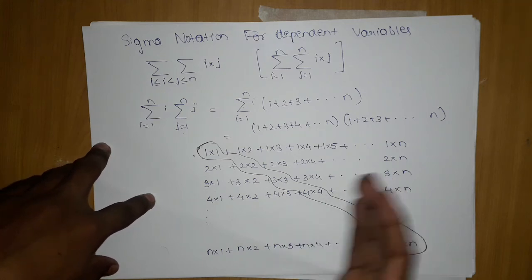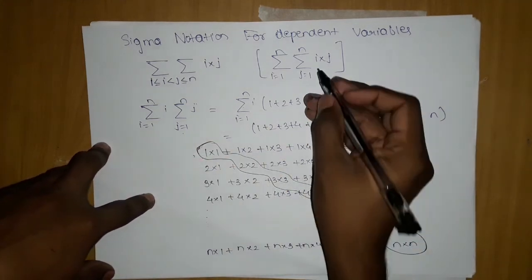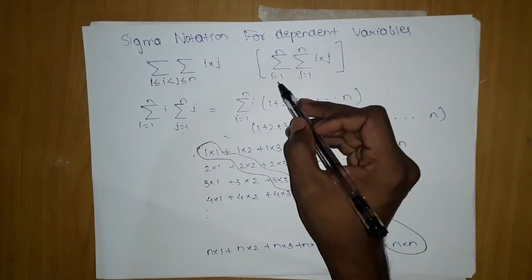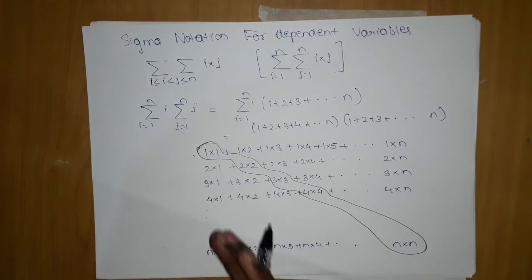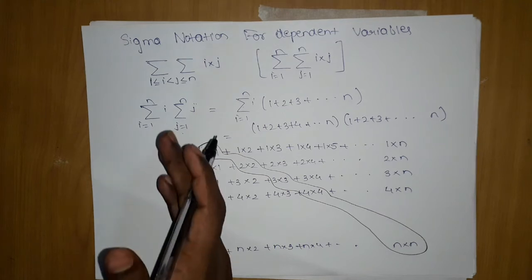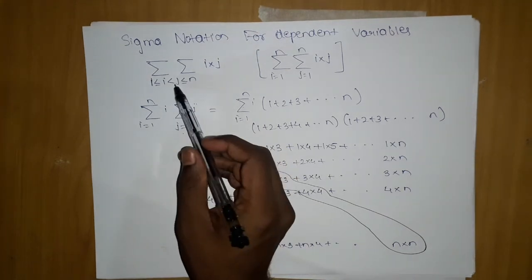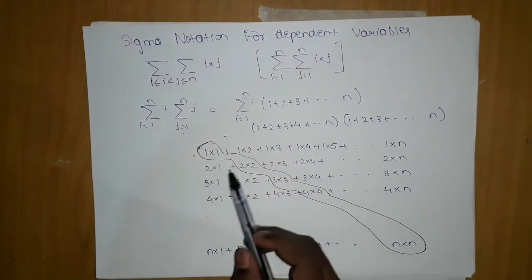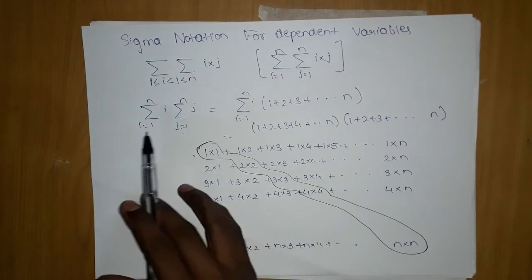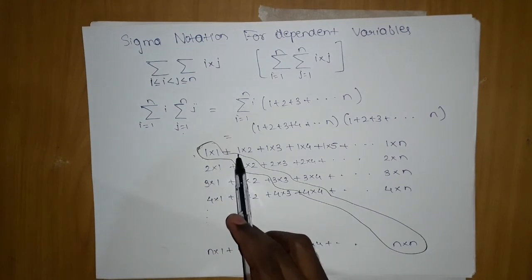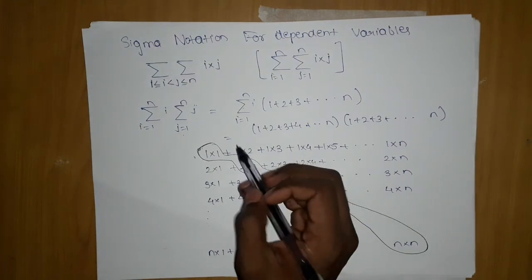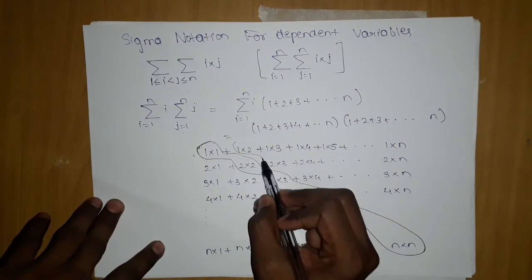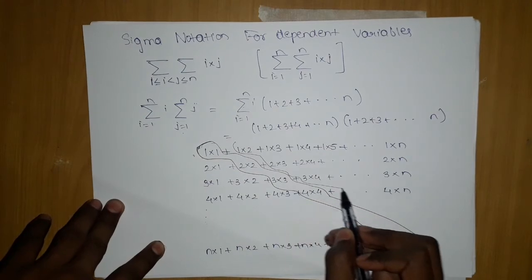Now you know this is the value of i cross j where i equals 1, the independent one. When the dependent one appears, what is it telling? j is always greater than i. So if it is i and it is j, j is always greater than i. So this condition is satisfied in this upper part.